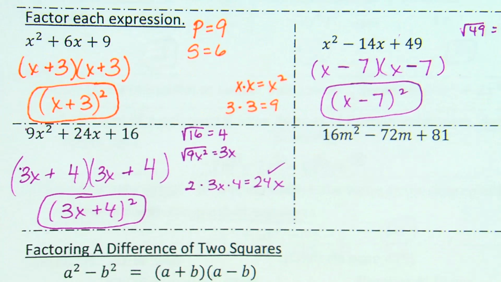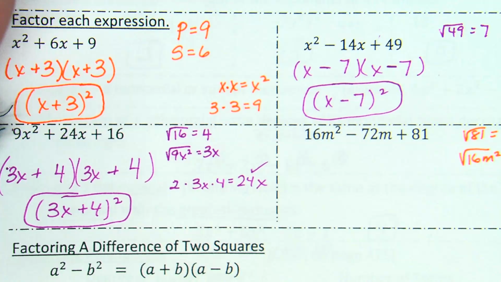What is the square root of 81? 9. What is the square root of 16m squared? 4. Just 4m. Yeah.